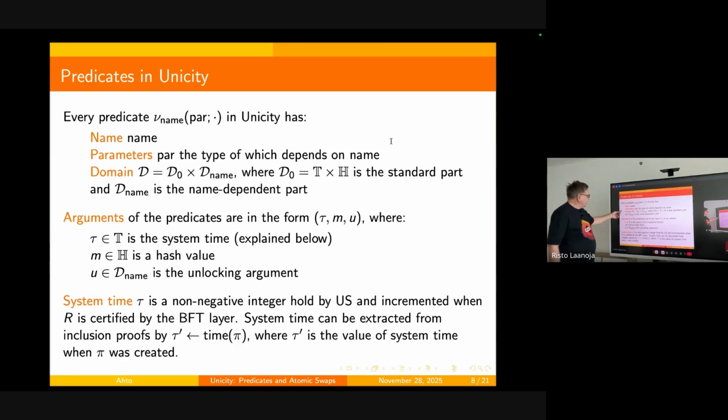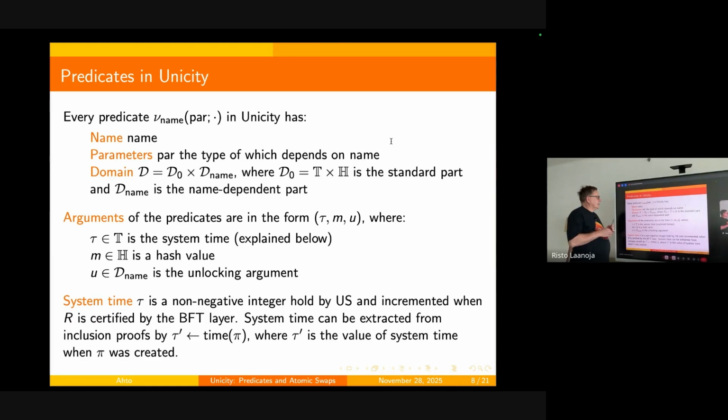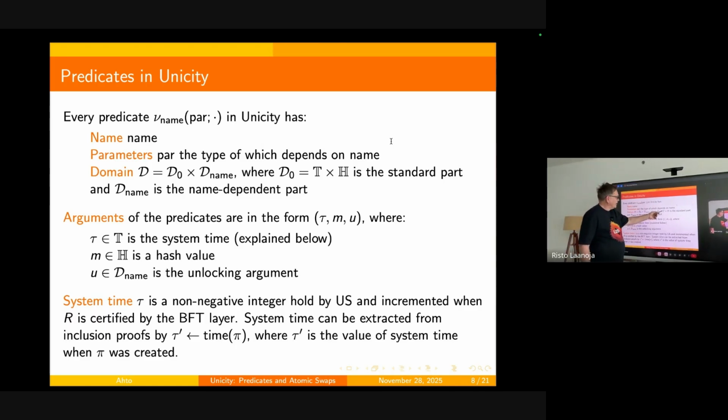Okay, and the domain in Unicity predicates has two parts. First, it has a standard part, which has two arguments: one is time, and the other is a hash value, which are always there.